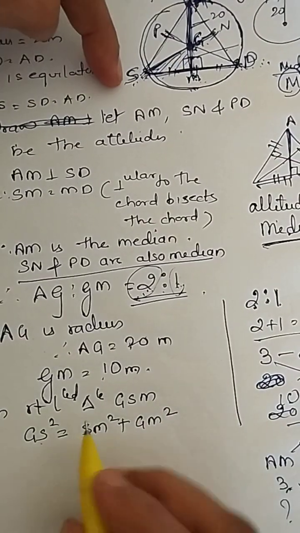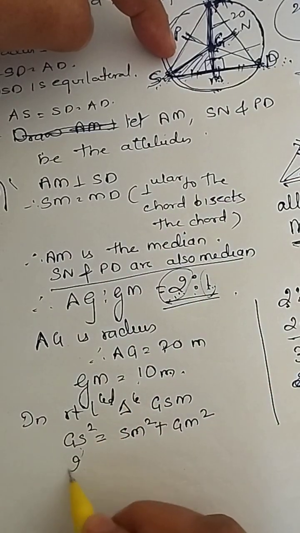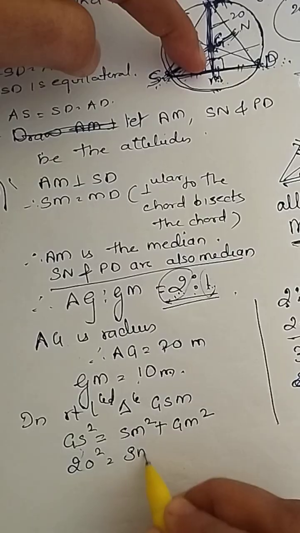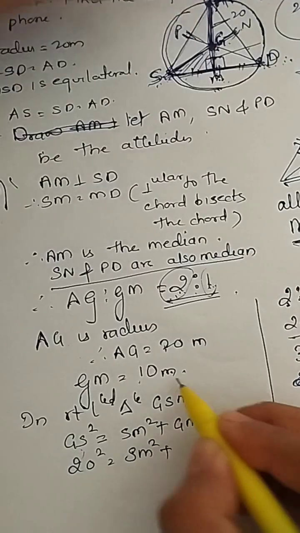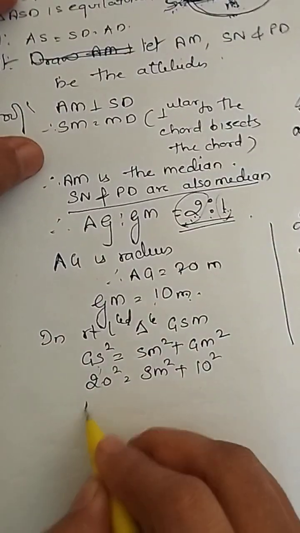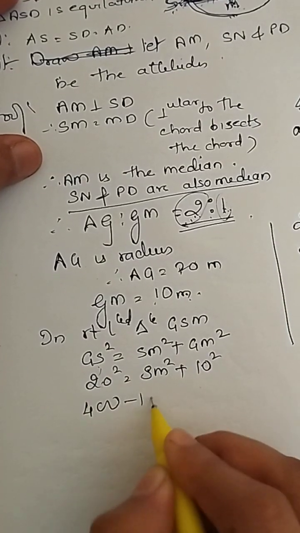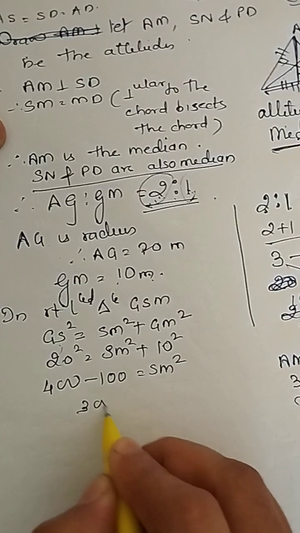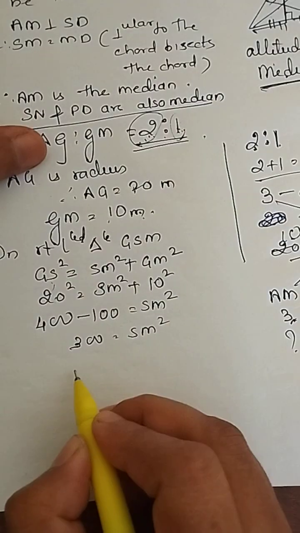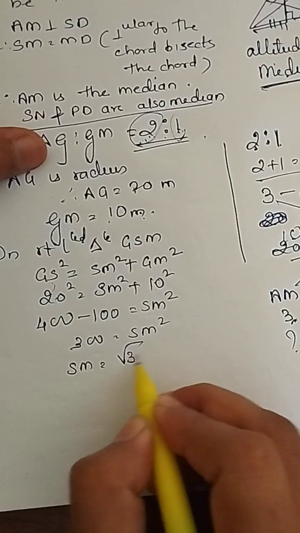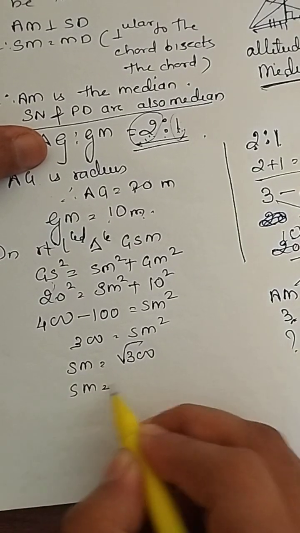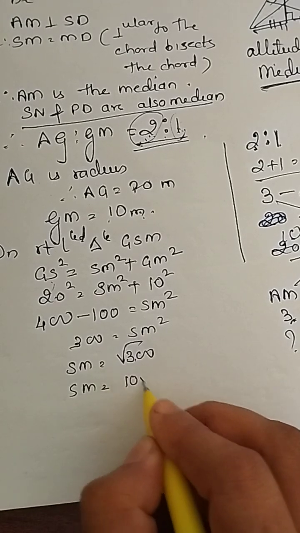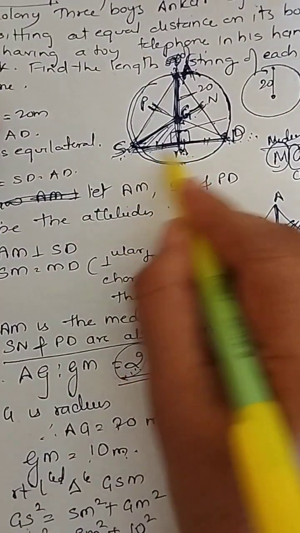Now GS square is the radius, that is 20 square, SM square we don't know, plus GM square I just now found out, 10 square. 20 square is 400, 10 square is 100, bring 100 this side, is equal to SM square. Then we'll get 300 is equal to SM square. SM is equal to root of 300. So SM is 10 root 3.